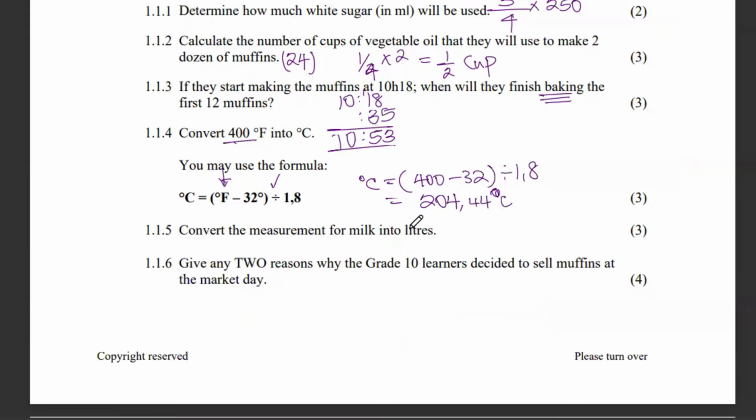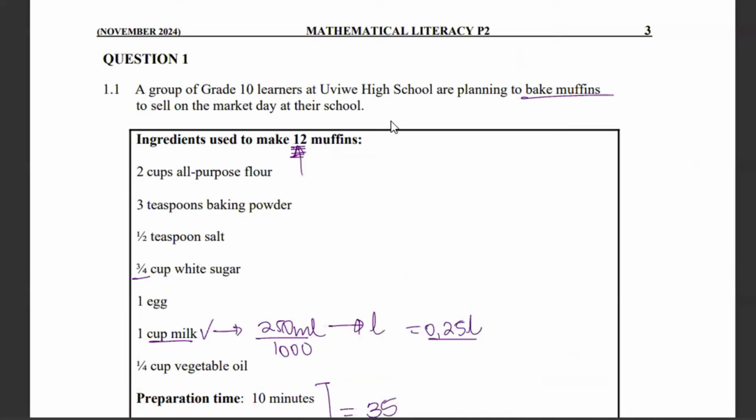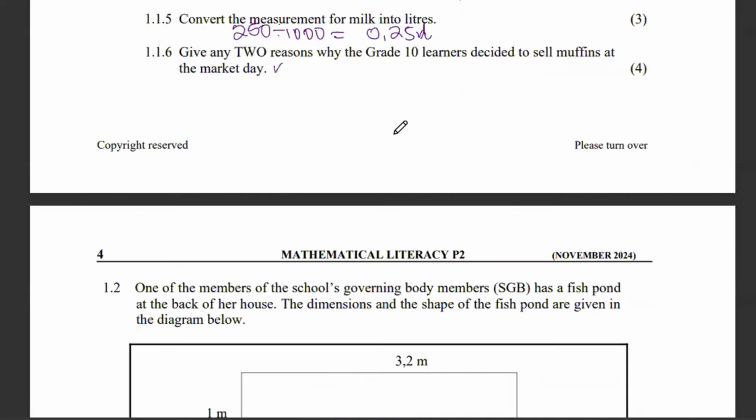Don't forget, these are liters. Give 2 reasons why grade 10 learners decided to sell muffins at the market day. 1, to fundraise. Here they're saying a group of grade 10 learners are planning to bake muffins to sell on market day. 1, they attract many buyers.